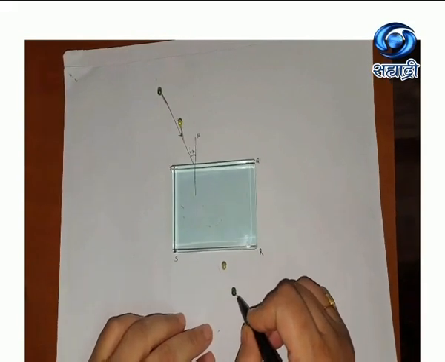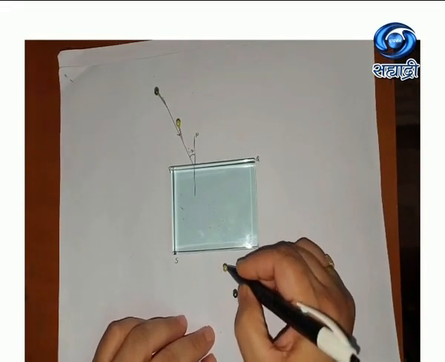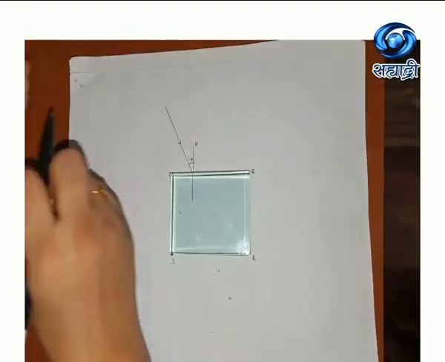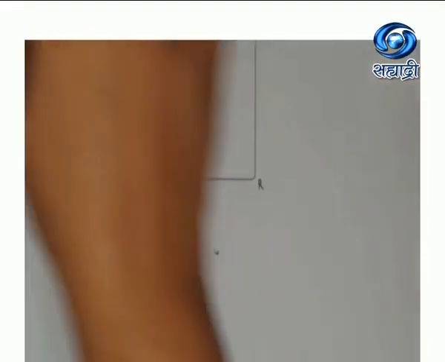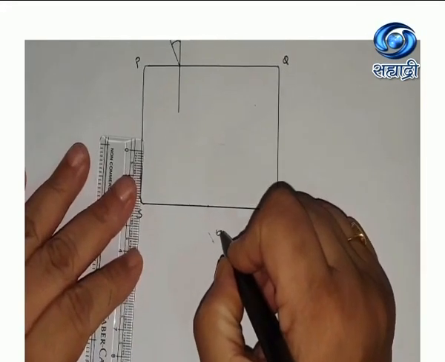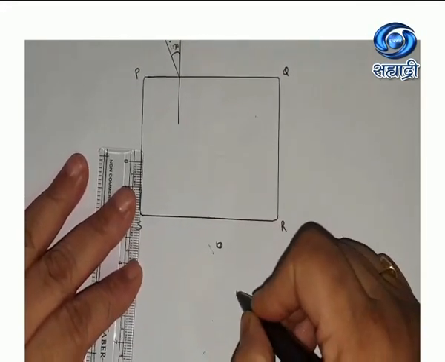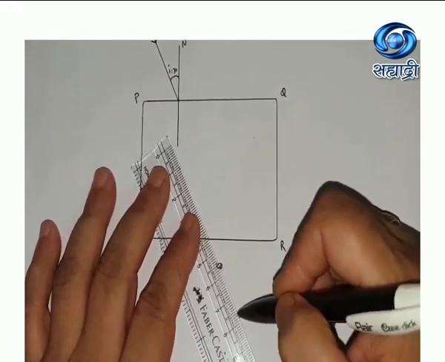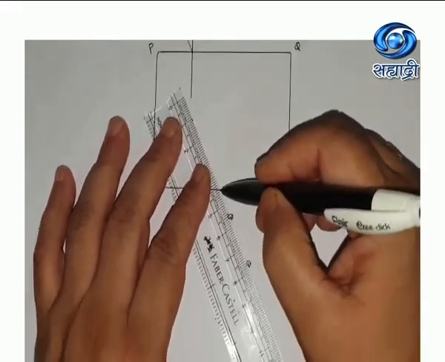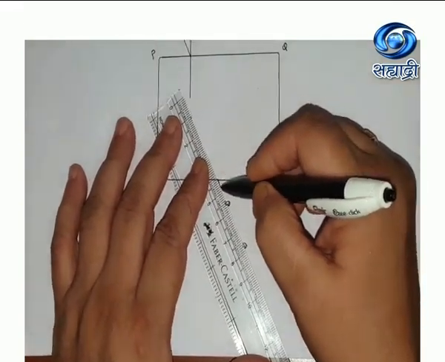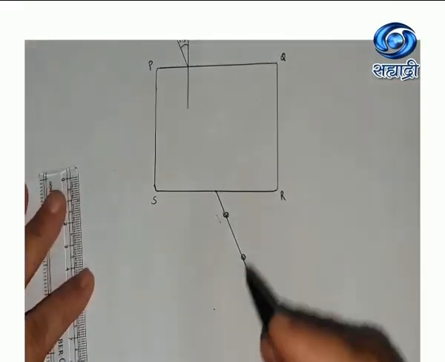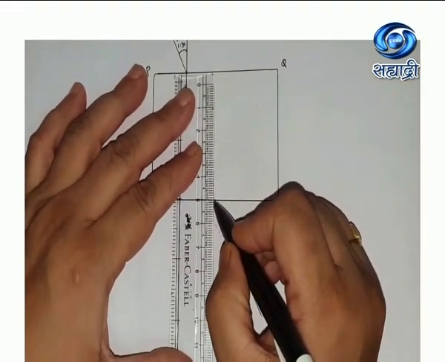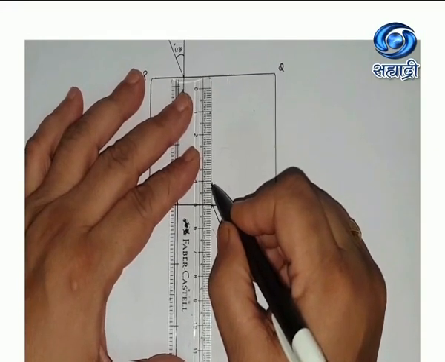Mark the places of the pins, then remove everything. Join these places of the 2 pins with the glass slab. Then draw a normal at this point.